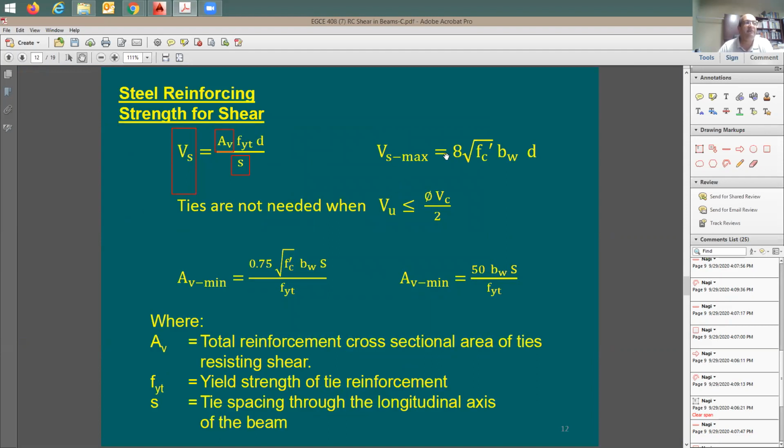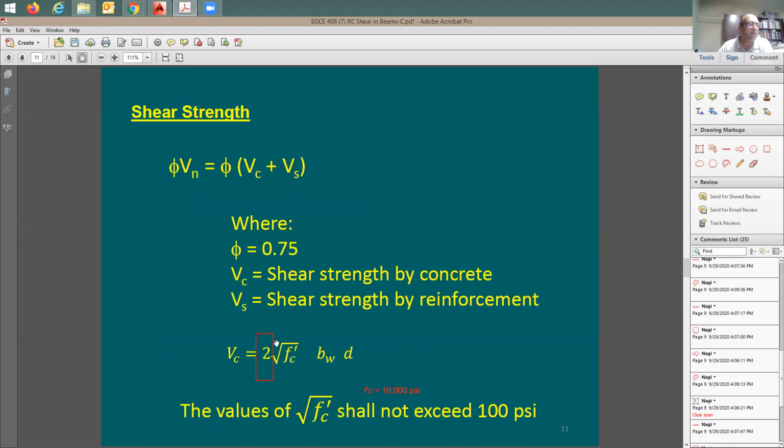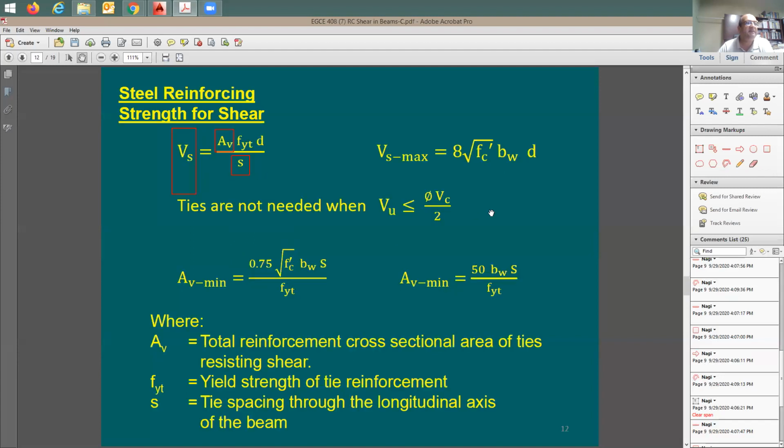Also, when you look at the maximum value, it is related to concrete. It's going to be 8 square root of f'c. I'd like to compare this with the previous equation, the one I used for concrete, which says 2 square root of f'c. Here it says 8 as the maximum for the steel.